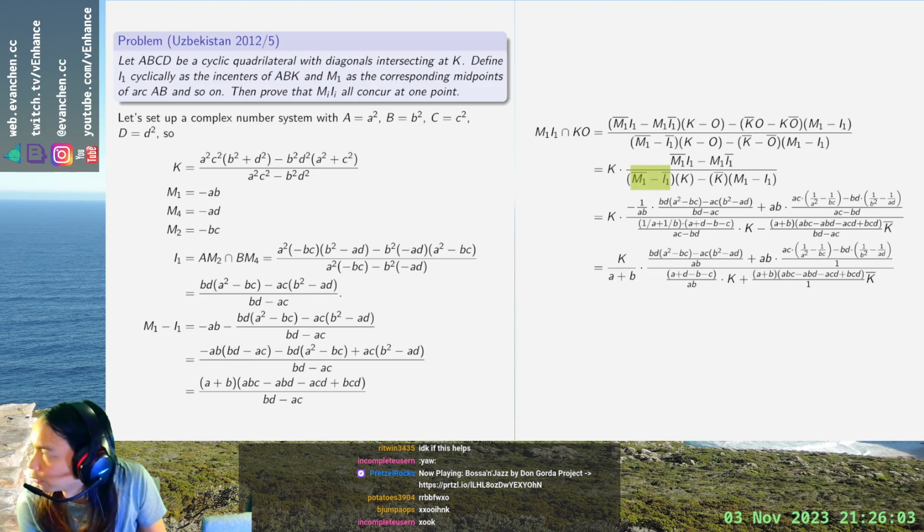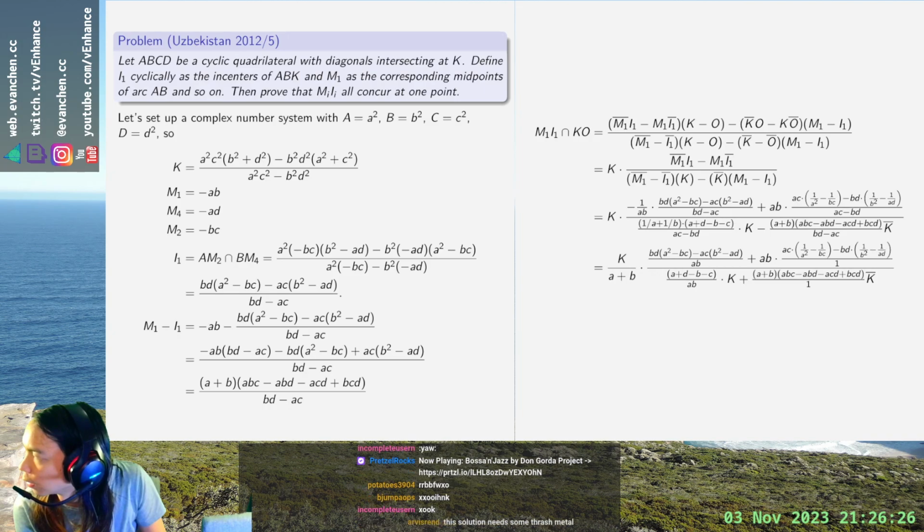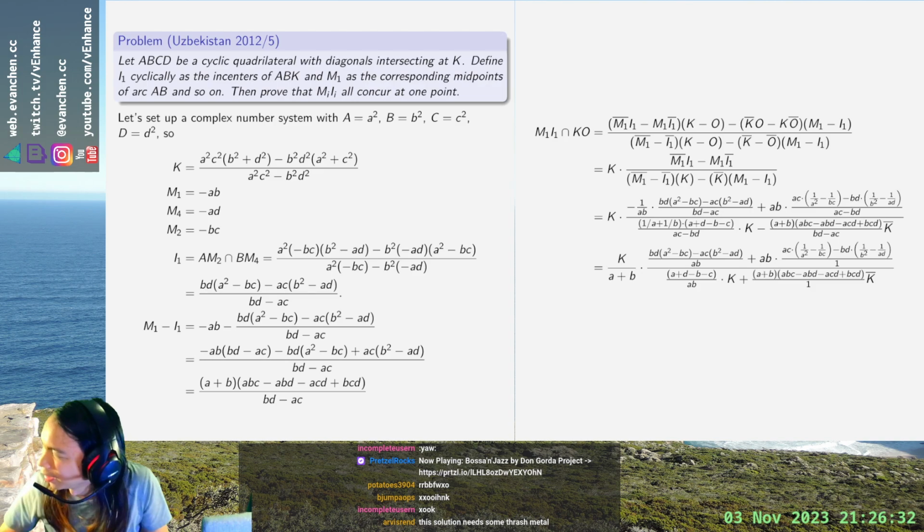M bar minus I1 should have been degree minus 2. I think I failed at taking this conjugate. Okay, yeah, this is degree minus 2. And I pulled out a plus b. Okay, so this is 1 plus 1, 2... Wait, what?